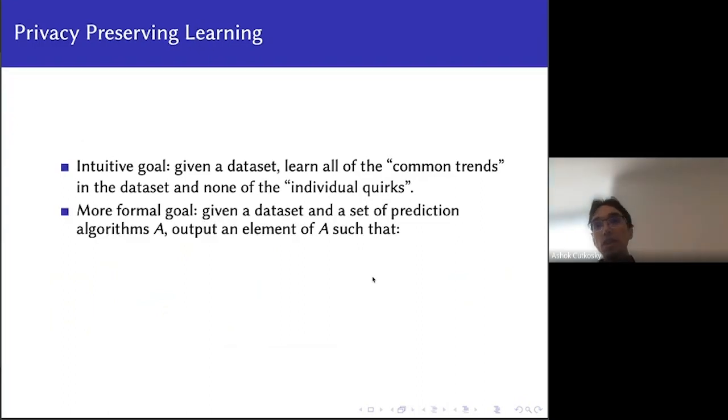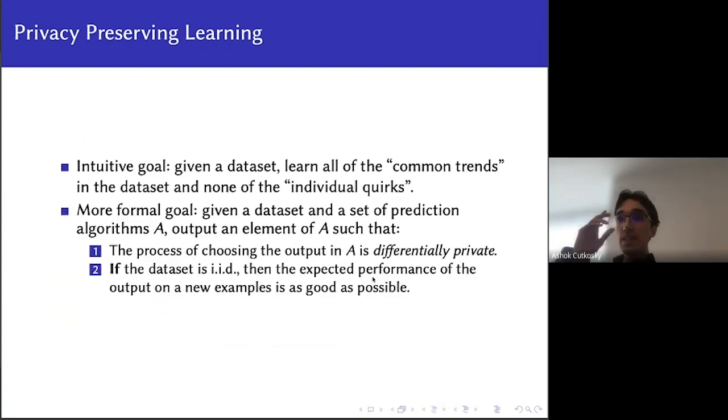More formally, of course, we have a data set and maybe a set of prediction algorithms or a hypothesis class, depending on how you want to put terminology on these things. Our goal is to output an element of this hypothesis class such that the process of choosing that output is differentially private, or some other notion of privacy, whatever you want.